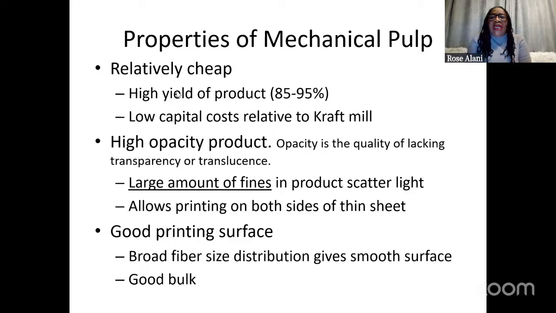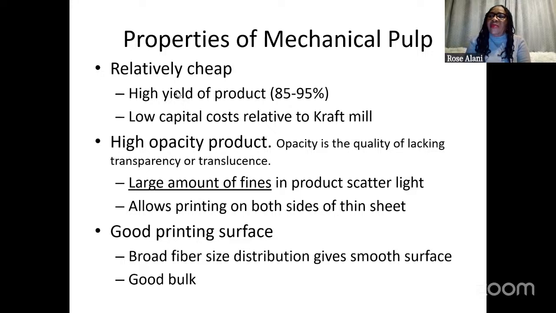So for mechanical pulp, they are relatively cheap. They have high yield of products. That's why they're relatively cheap. They have low capital costs relative to kraft mill.